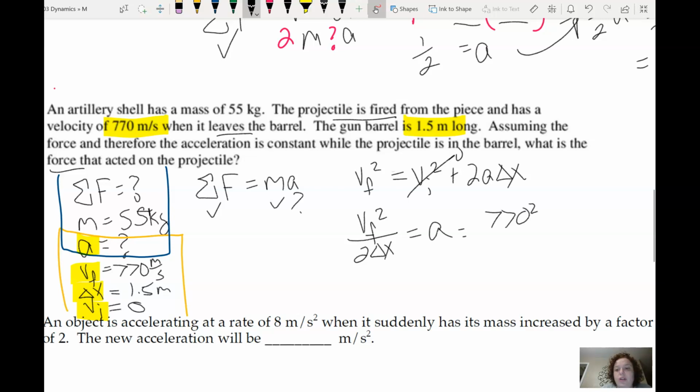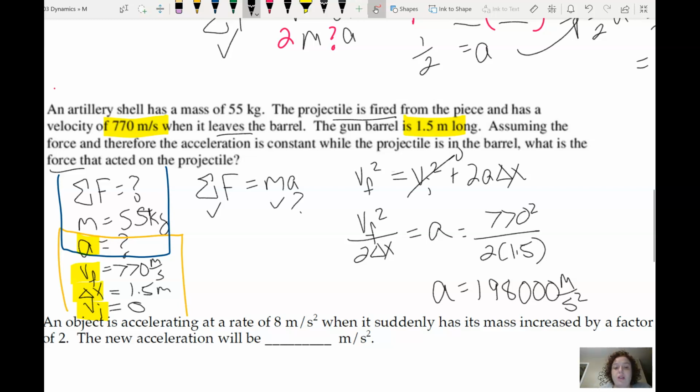So 770 squared divided by 2 divided by 1.5 gives us an acceleration of 198,000 meters per second squared.